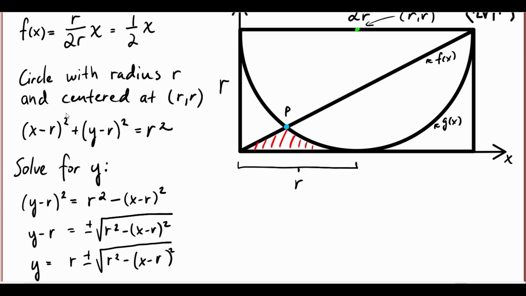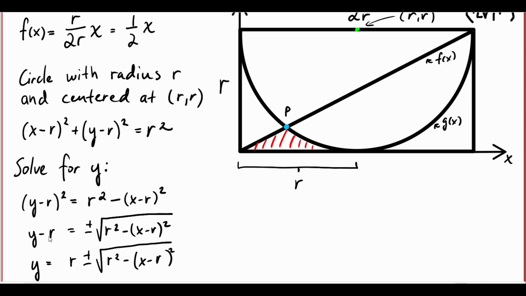So having this equation here, first I move this term to the other side. We get this expression here, so minus (x minus r) squared. So we have y minus r equals the square root of this expression here, because we have to cancel out this exponent of 2.